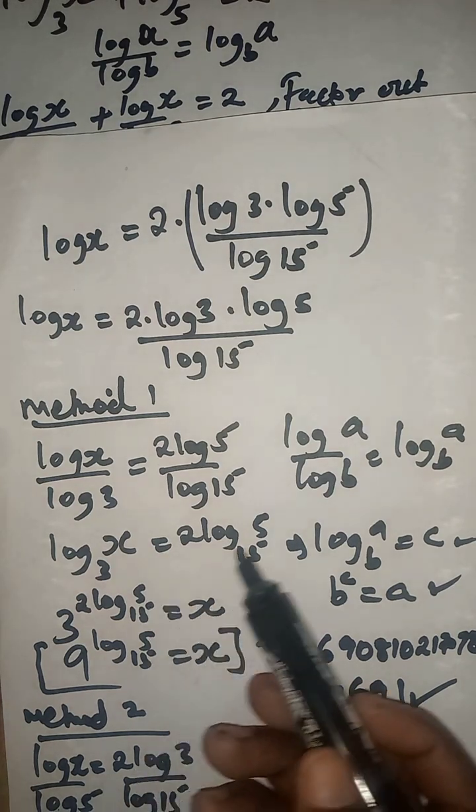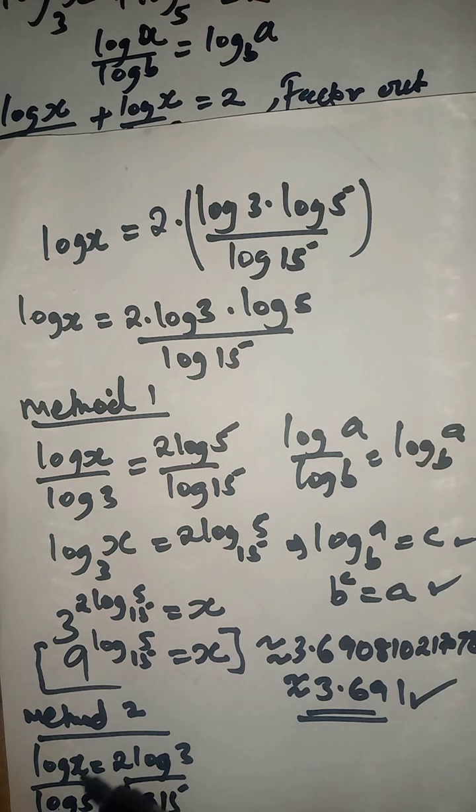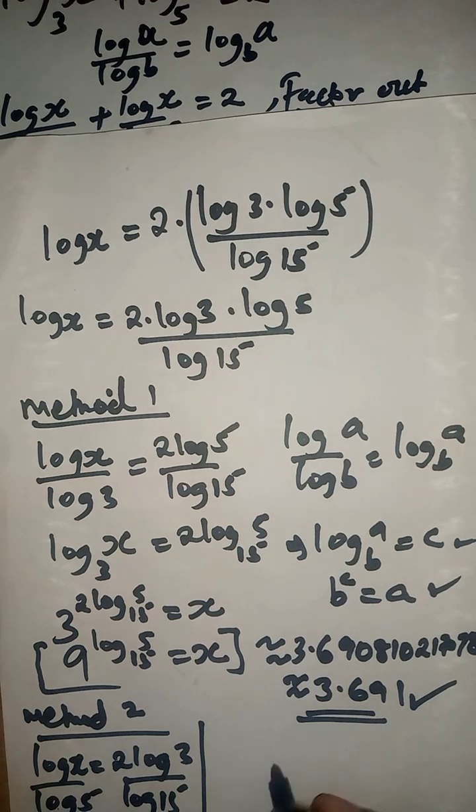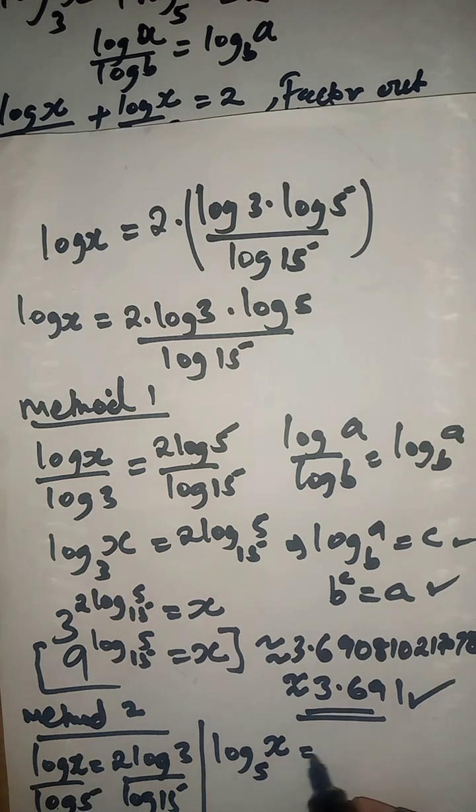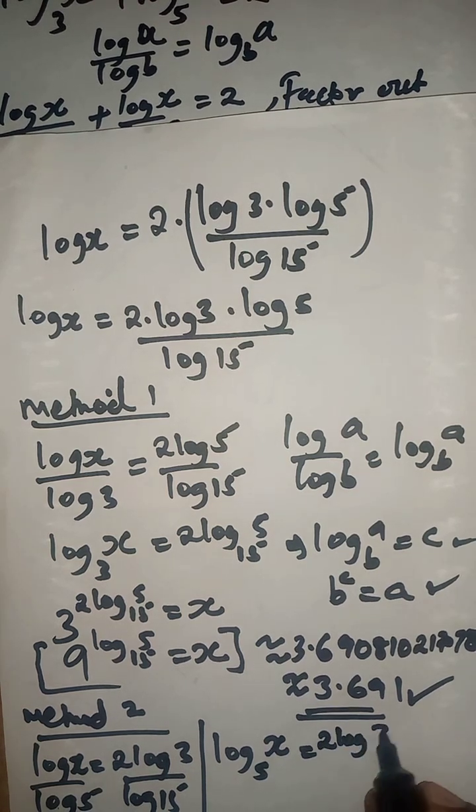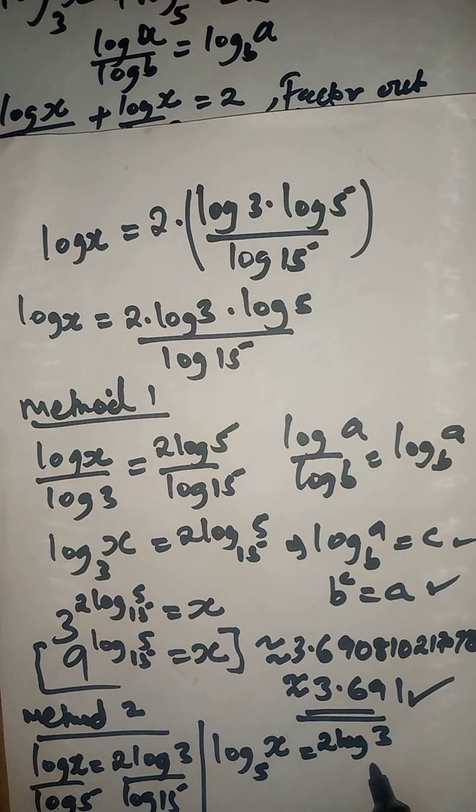Of course, applying this law, changing it from the log notation, this is the same as the log of x to the base of 5 is equal to 2 to the log of 3 to the base of 15.